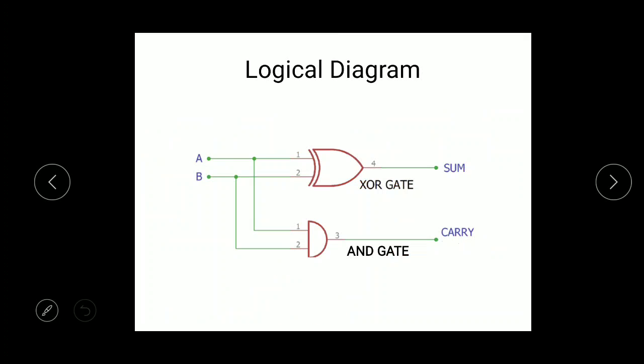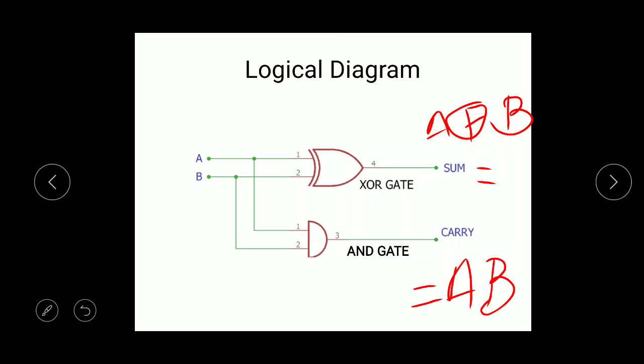So from this equation we can write that sum is equal to A XOR B. Sum can be written as A XOR B, whereas carry is written as A into B. So for this we have used the XOR gate, and as this is the multiplication we have used the AND gate.